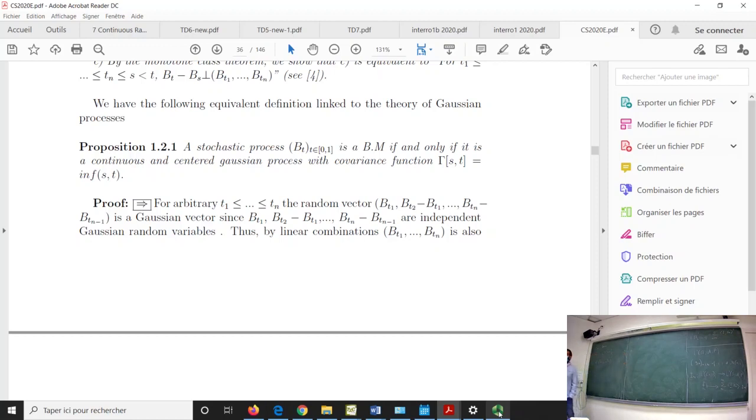So if I want to know it perfectly, I just have to know its mean and its variance. What is the mean? 0, because the Gn are N(0,1), so the expectation of the linear combination is the linear combination of the expectations, each of them being 0. What is the variance?